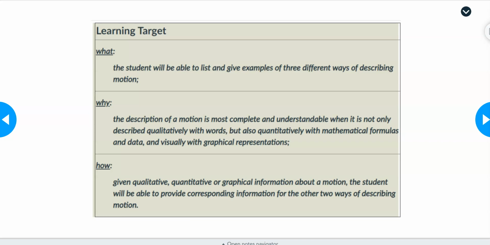And the way that we're going to check on this is if I give you qualitative or quantitative or graphical information about a motion, you will be able to provide corresponding information for the other 2 ways of describing that motion. So let's go ahead and go to the next slide.